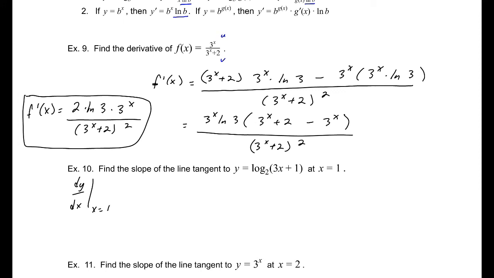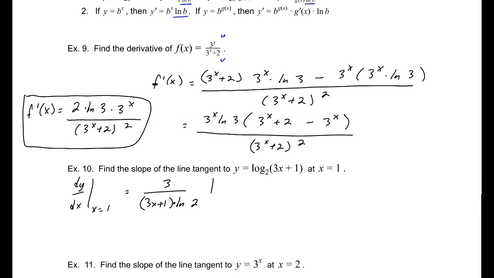So the derivative of that function, in general, we have the derivative of the inside of the composite function, so 3 over 3x plus 1 times natural log of 2. I'll just go ahead and write it that way.